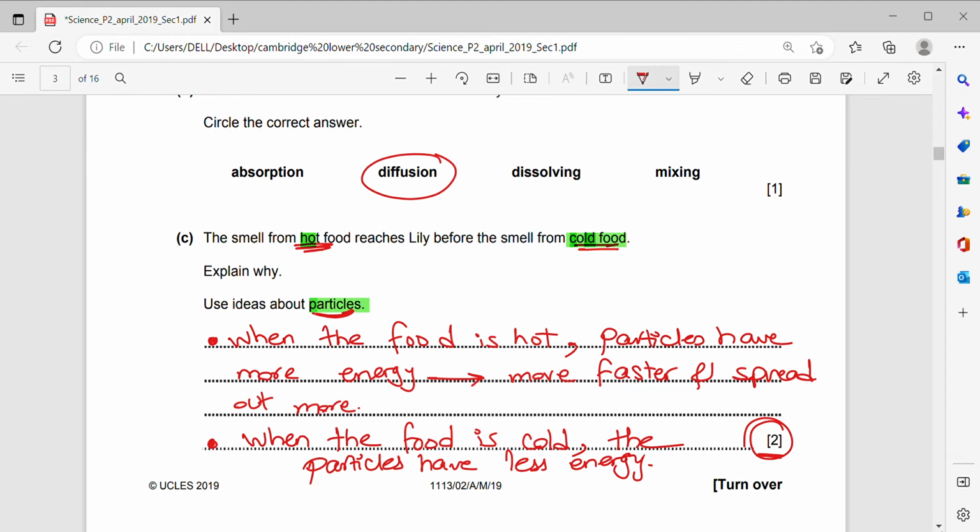Okay? يبقى less energy, يبقى they don't move faster ولا في spreading. يبقى who will spread more? The smell from the hot food.